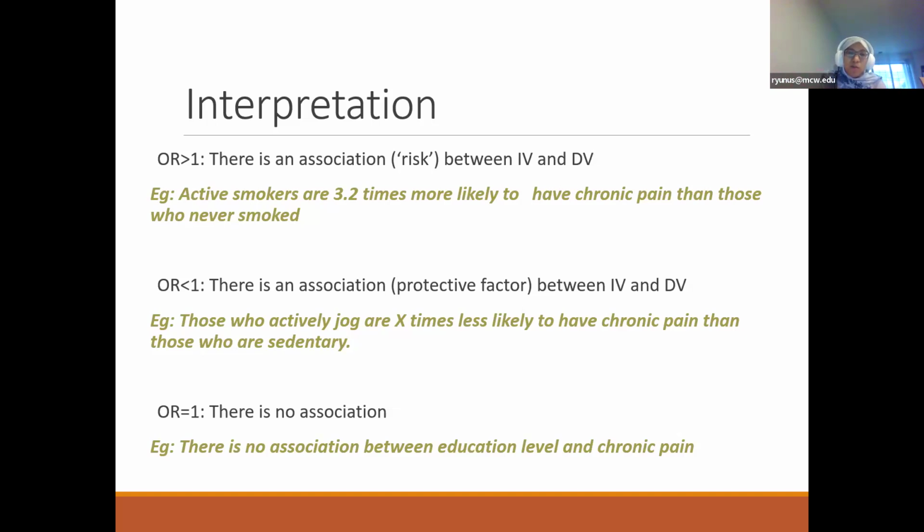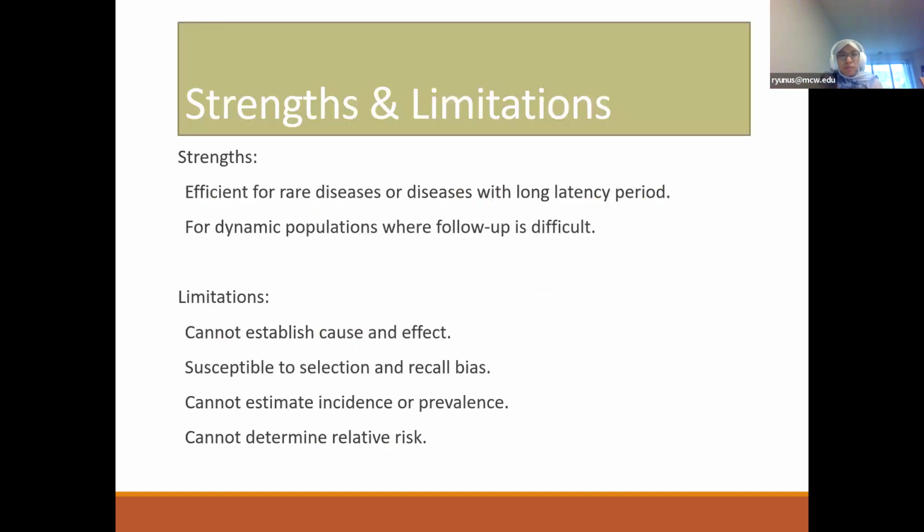If your odds ratio is less than 1, there is a protective association. That means A will cause B to happen less likely, okay? And if it's 1, there is no relationship between the two.